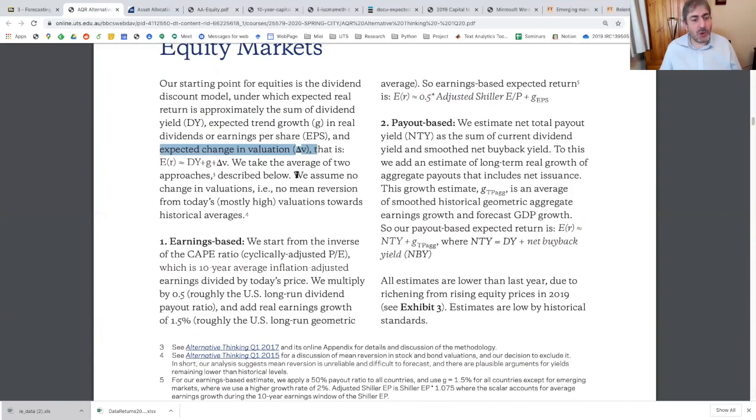Only that they say, we assume that the change in valuation is equal to 0, okay? So basically, AQR also uses valuation change, but they say, look, we cannot forecast that, so we're going to assume that it is equal to 0. So it's very important that we spend some time on this third model because it's the one that most banks actually use.